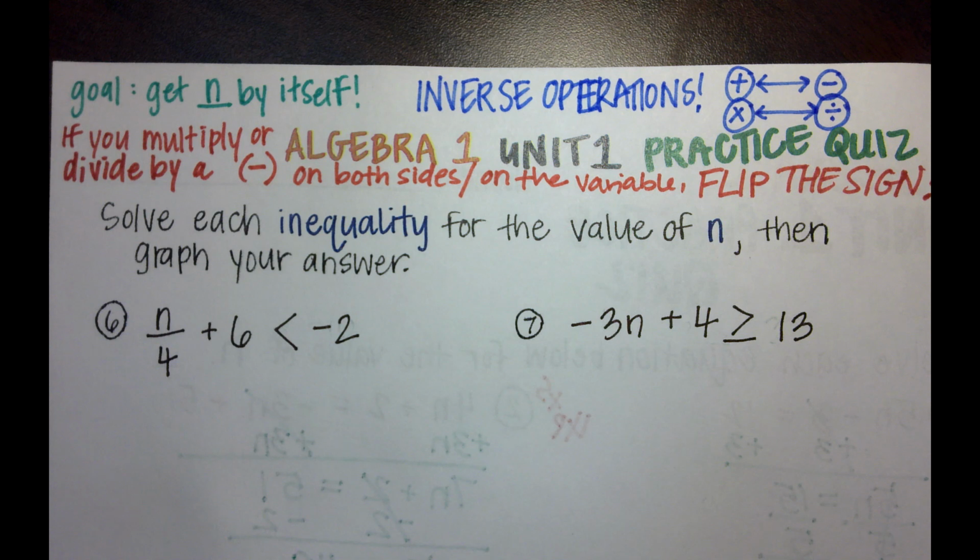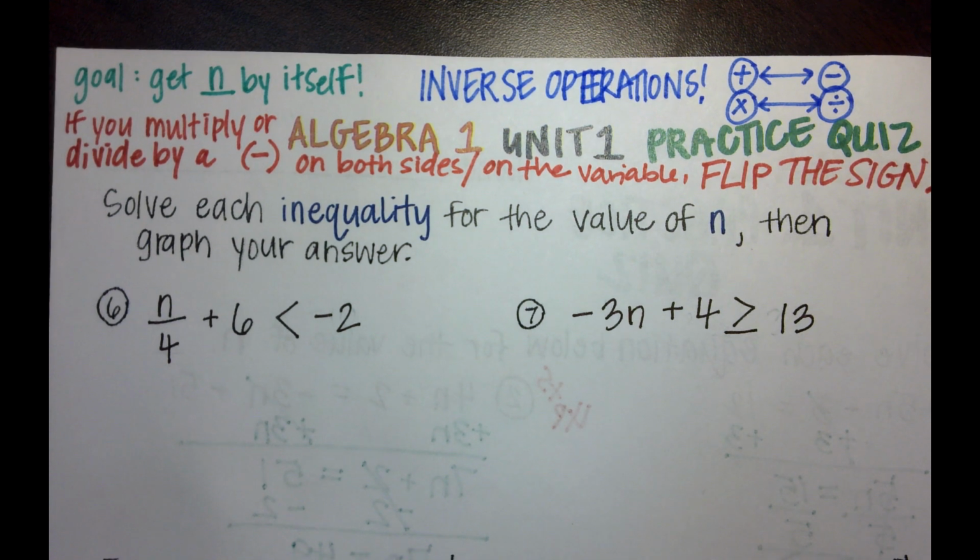Is there any other time where we would need to flip our answer for any reason? If the variable's on the right side. Yes, so if we have a problem where we end up with a number that is, for example, greater than n, we need to make sure n comes first.